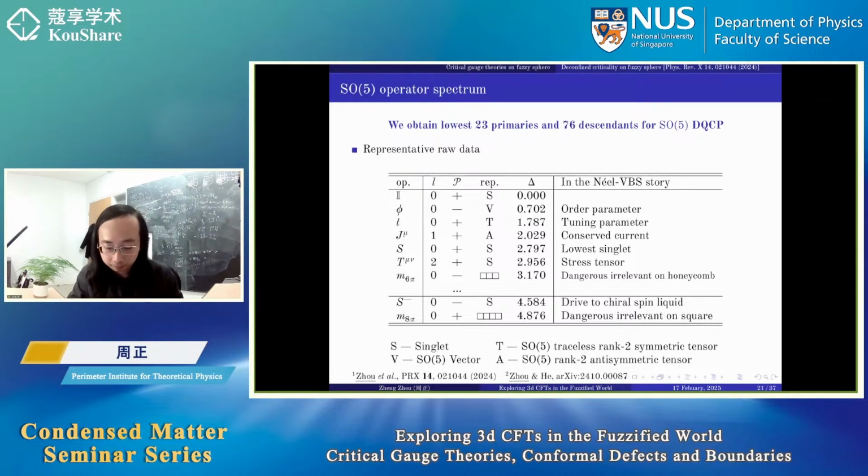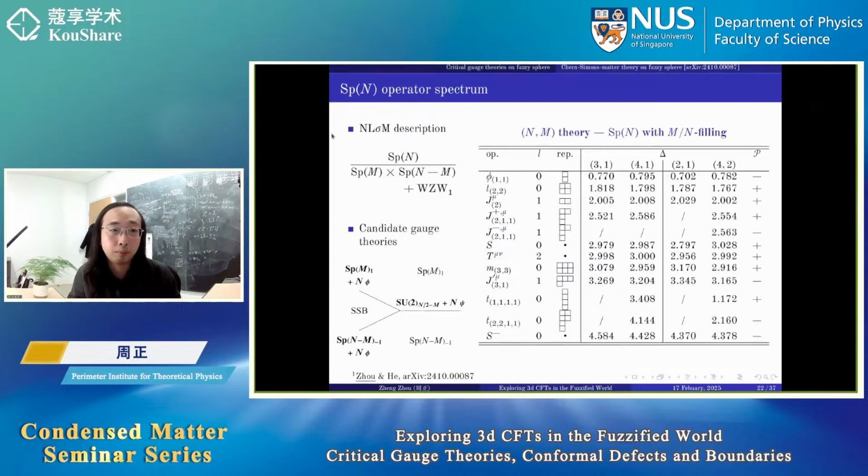So it's not only for the SP2 or SO5 theory. We can also study the operator spectrum of the SPN model. Remind you that it is described by this nonlinear sigma model on a symplectic Grassmannian with a topological term, and it has many candidate gauge theories. Although so far we are not sure which theory we are looking at.